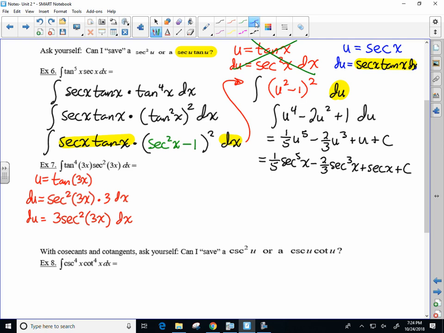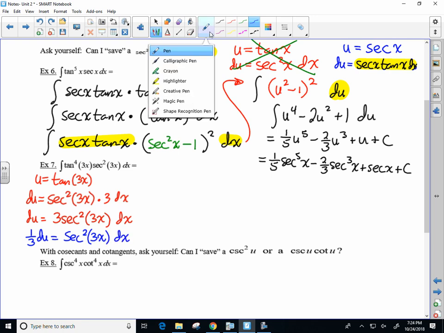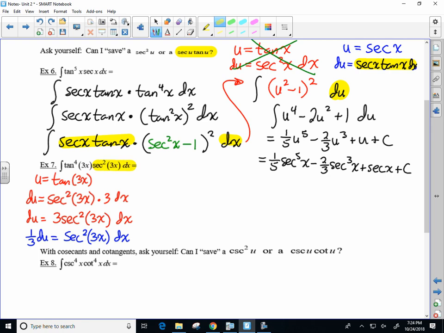And we want to get rid of that 3 because there is no constant multiplier of 3. So let me just divide both sides by 3. And so I can do my substitution. That's going to get replaced with a 1/3 du. So instead of tangent of 3x to the 4th power, it's u to the 4th power.